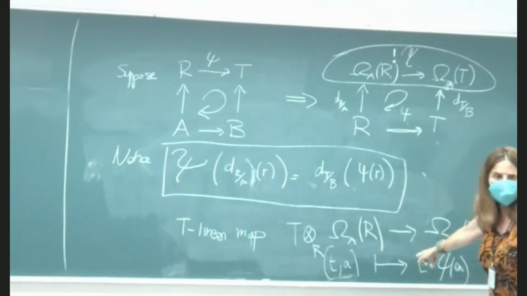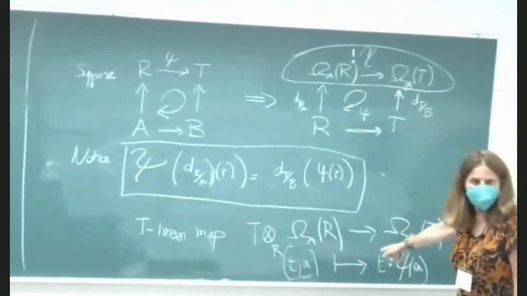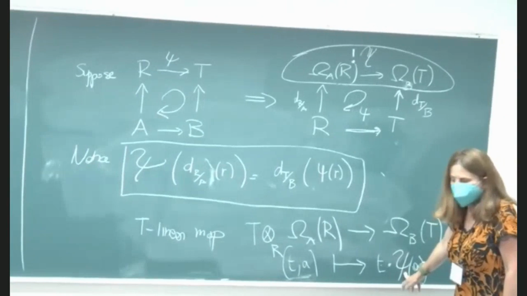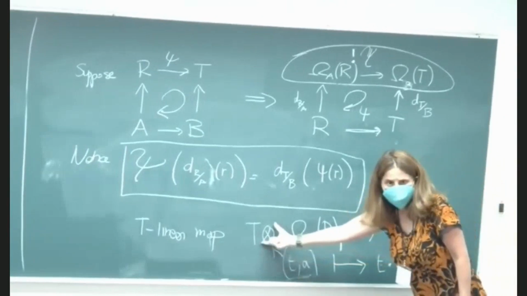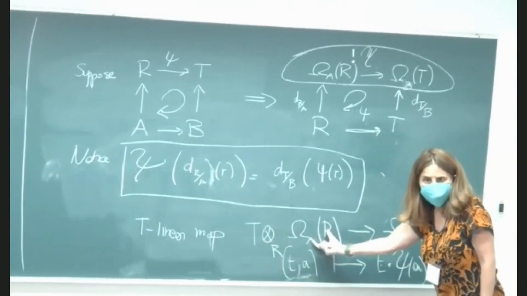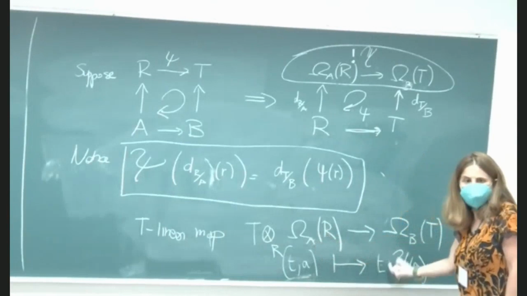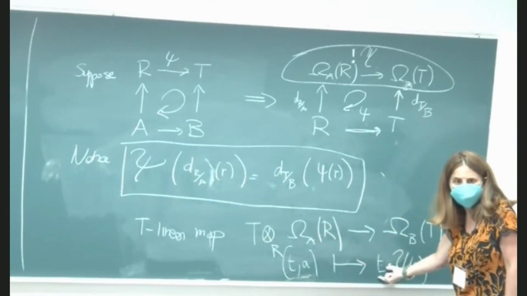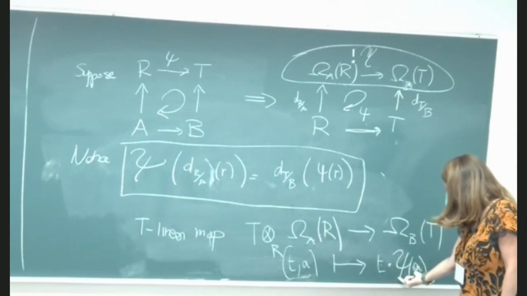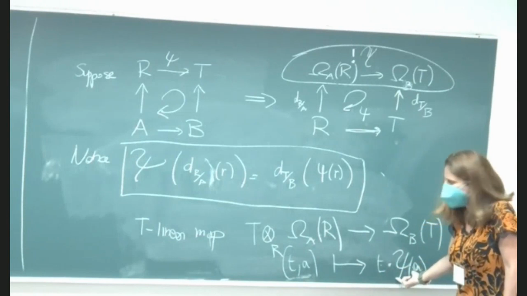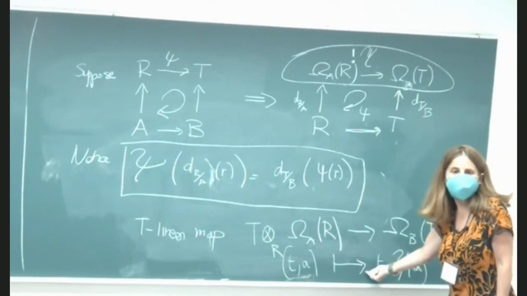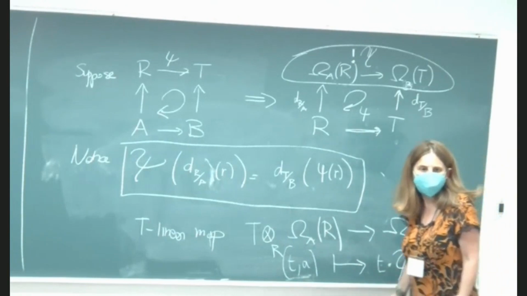Yes. Which phi is the upper one? Yes, the function one, right? So you have an element in T, an element in A, and then here is just a multiplication inside here because this is a T module, so you can multiply by an element in T, and phi of A is really an element in this module. So we say an element in this module can be multiplied by an element in T because this is a T module.